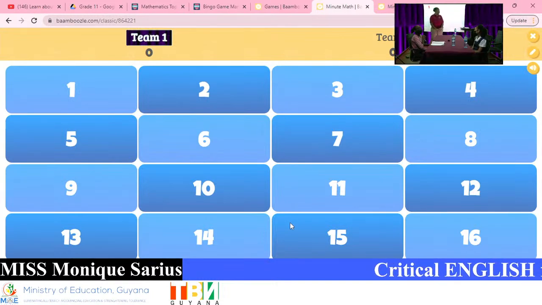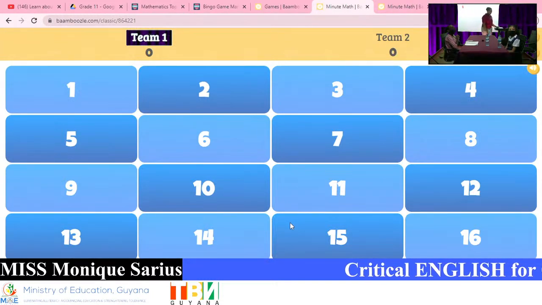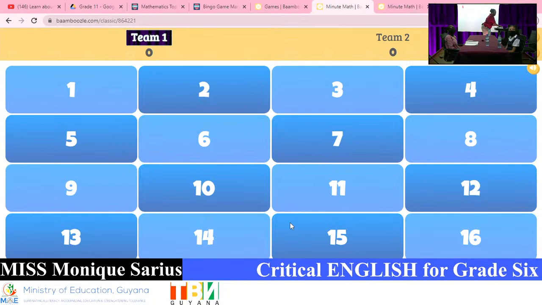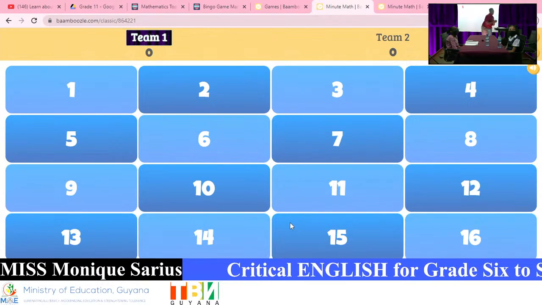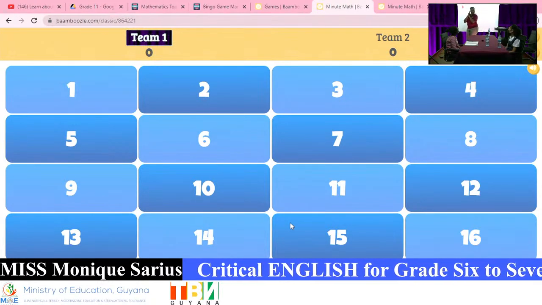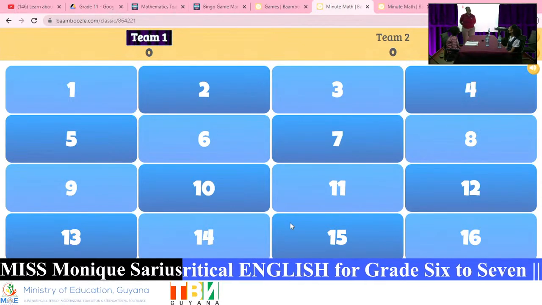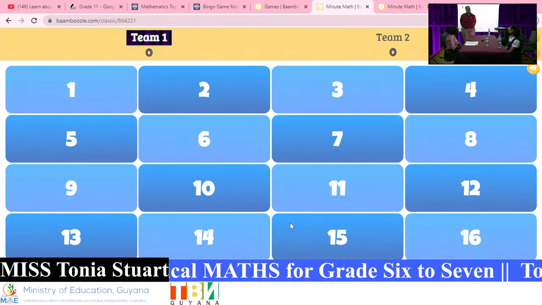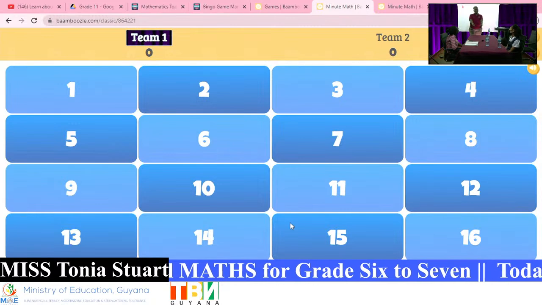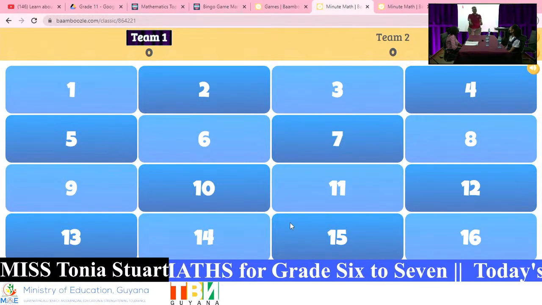So we have team 1 and team 2. Remember those days where you want to play a game, and you say, pick a hand. Any one of you, pick a hand.